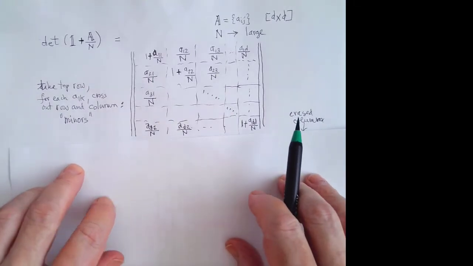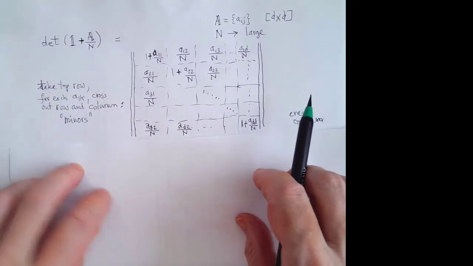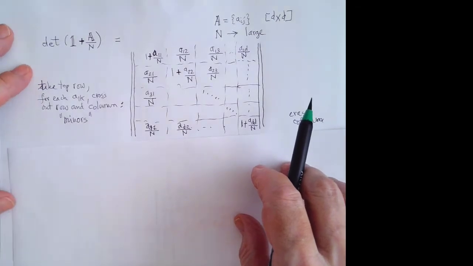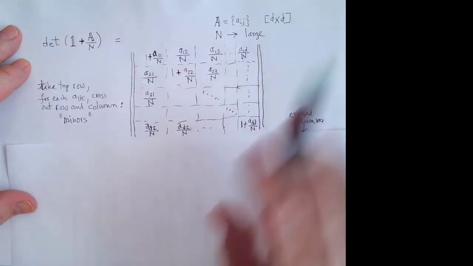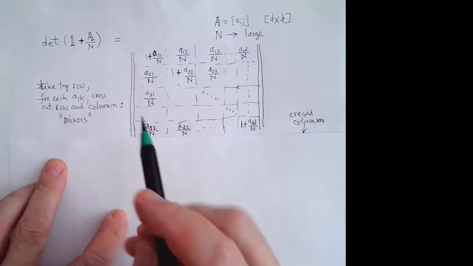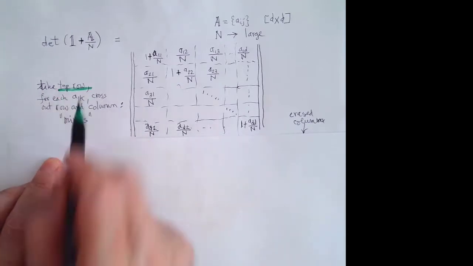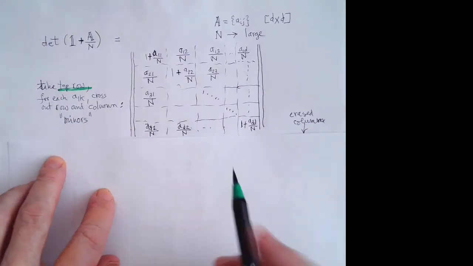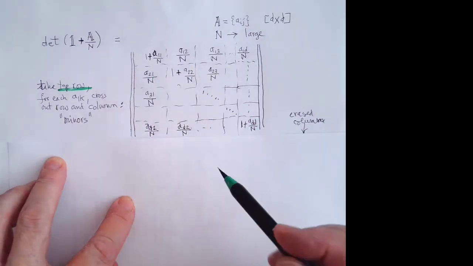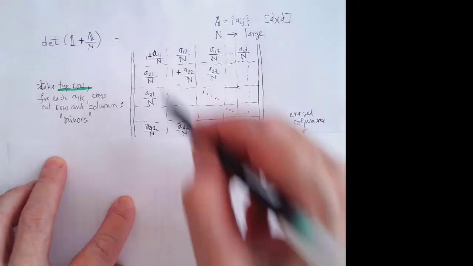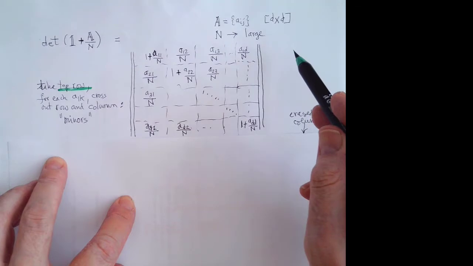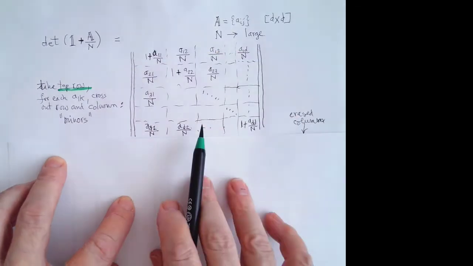Now, to compute the determinant, you can use the old expansion by minors rule. Take the top row. Then, for each element in the top row, you erase the corresponding row and column.